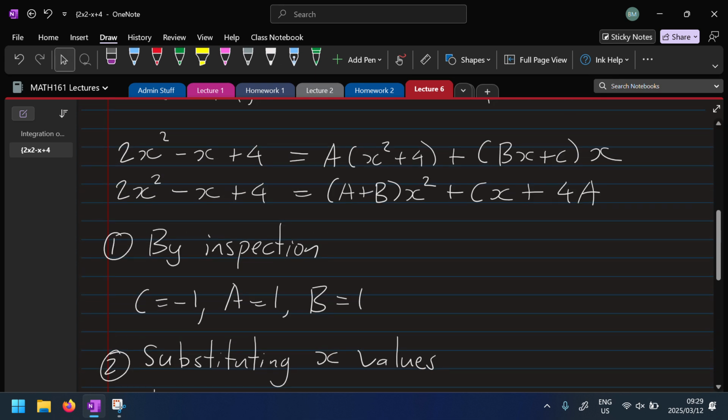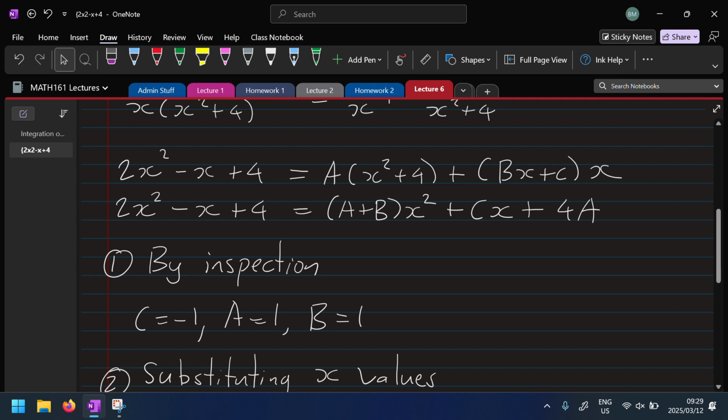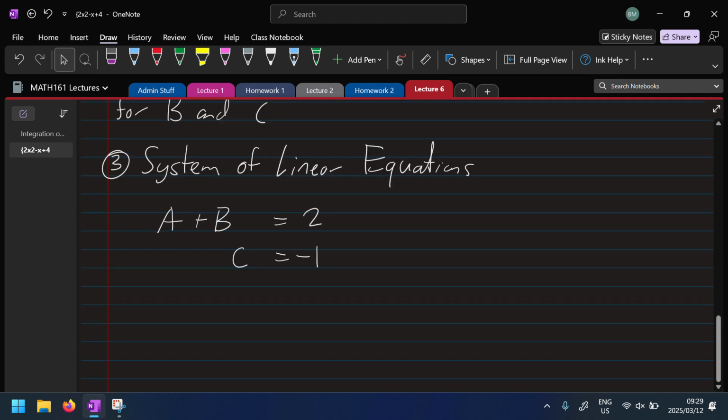And lastly, 4a equals 4. So we've got a system of 3 equations. You know how to solve that from your Math 132 work. This one is very easy to solve. We got c and a already. You just substitute and you can solve.